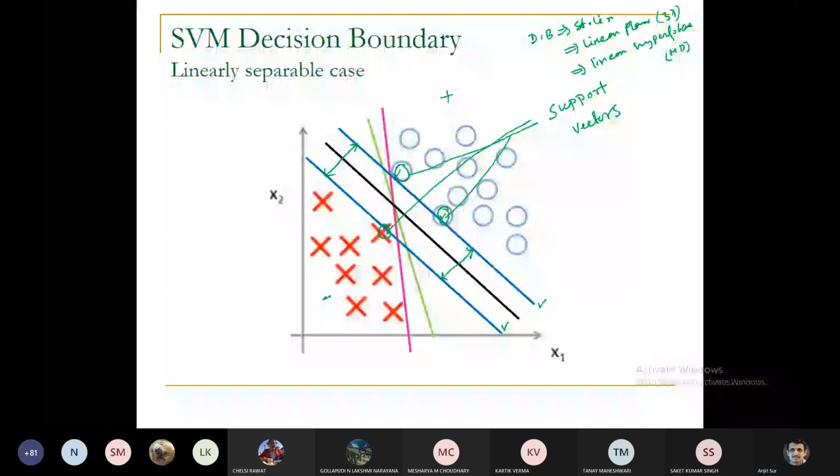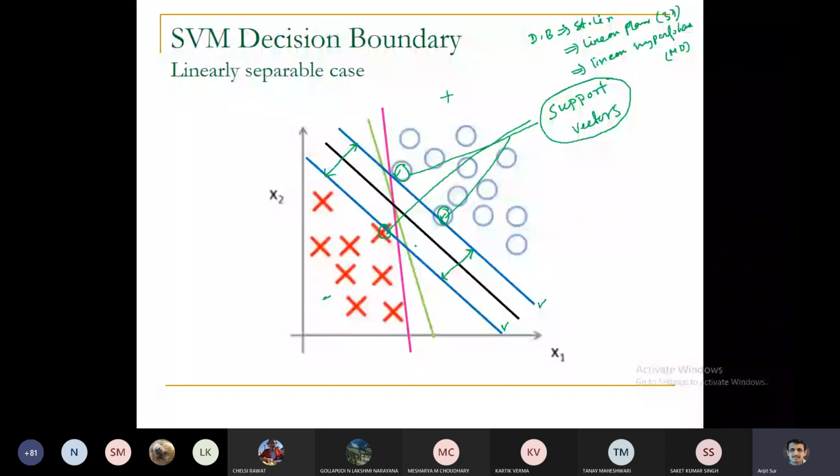Since these support vectors are associated with defining this max margin classifier, it is called a support vector machine, in short, SVM.